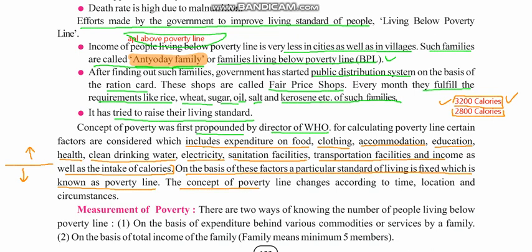The concept of the poverty line changes according to time. This is important. It changes according to time, location and circumstances. So it depends on which place, which time and location it is. It is not constant, it keeps changing. We'll continue in this particular video lecture.